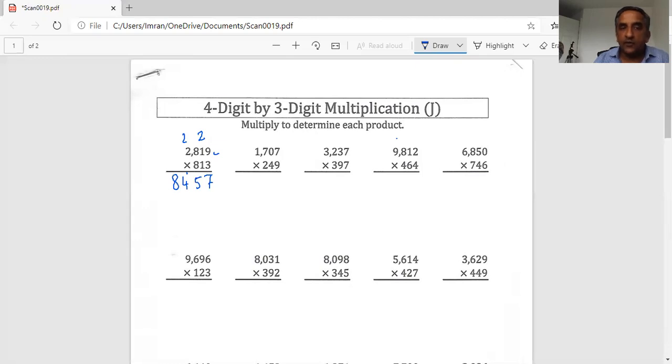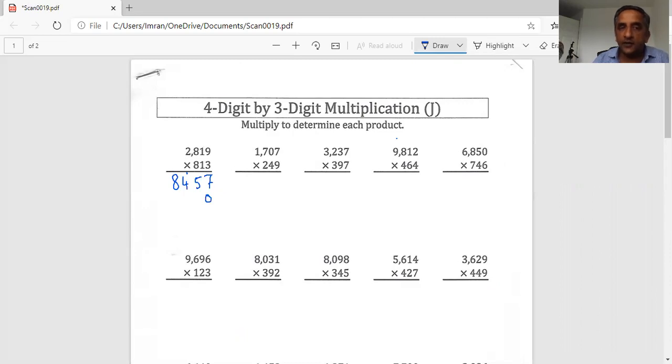Right? Now we have to multiply the second digit with all of those numbers. But before I do that, let me erase these carry forwards, otherwise when I do the next one, it will look a bit messy. Before we start multiplying the second digit, we have to write the 0 underneath the first digit.